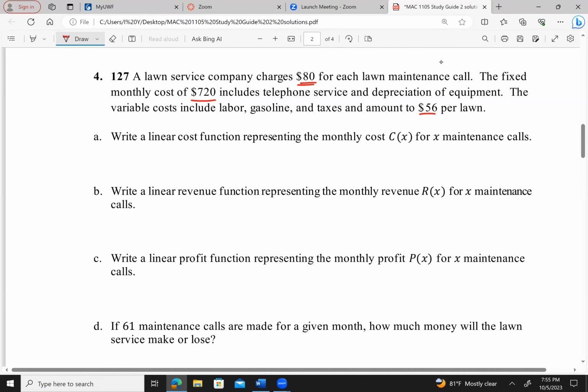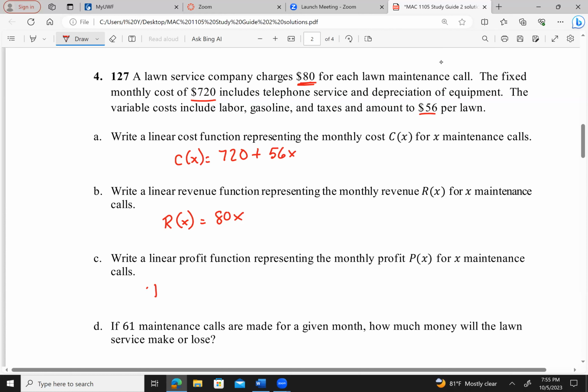So we want to write a linear cost function representing the monthly cost. We have C of X equals, well, the 720 upfront cost plus 56 times every lawn mowed. That's what it's costing. Our revenue is simply $80 times the number of lawns done.